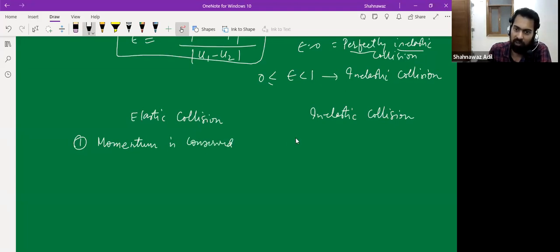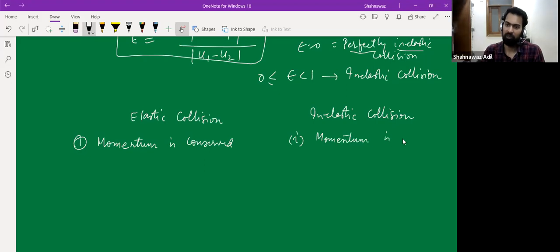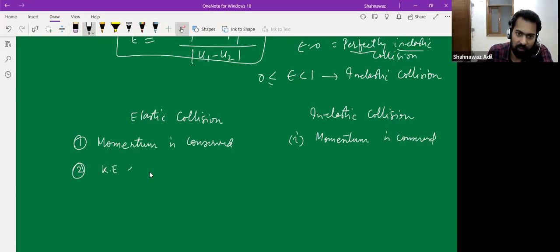And for the case of inelastic collision, momentum is also constant. In the elastic case, kinetic energy is also constant, and for the inelastic case, kinetic energy is not constant.